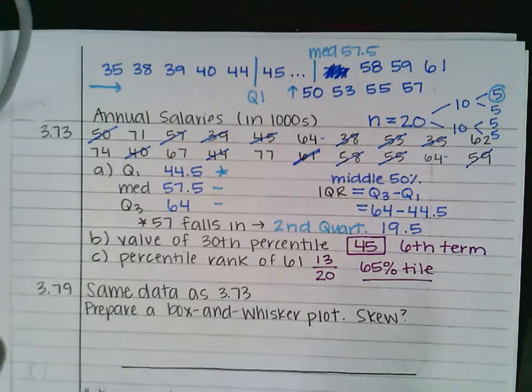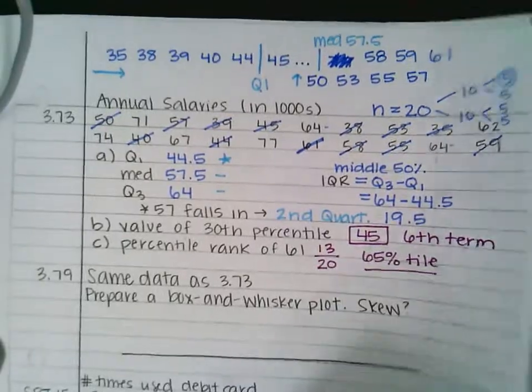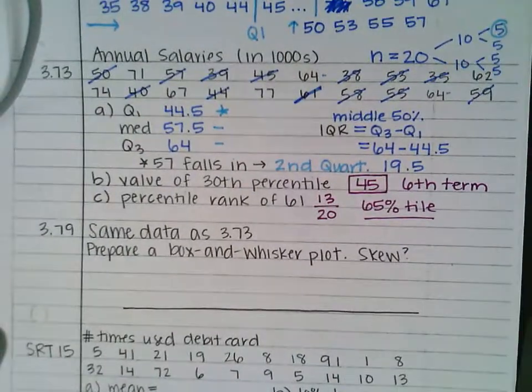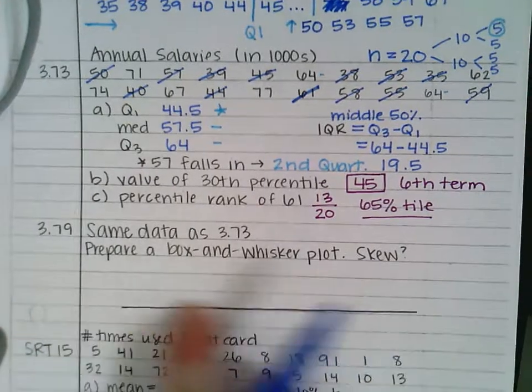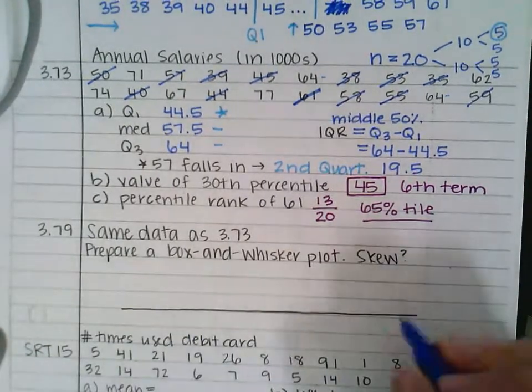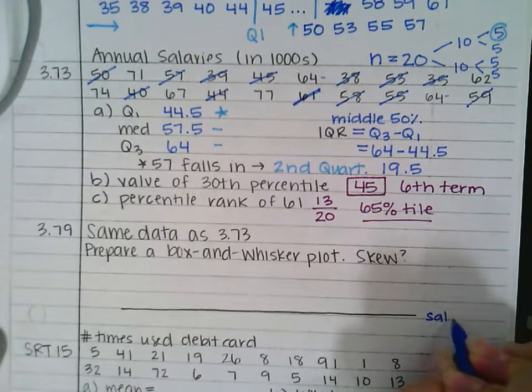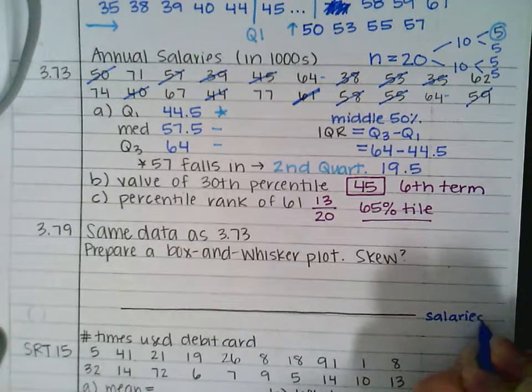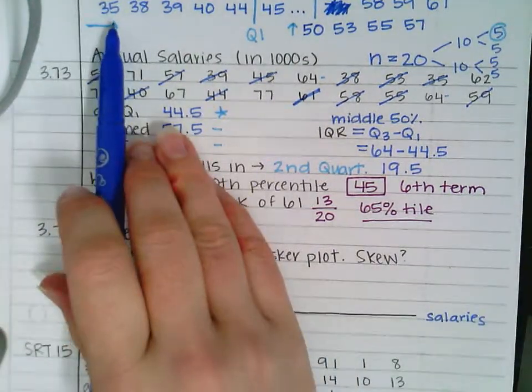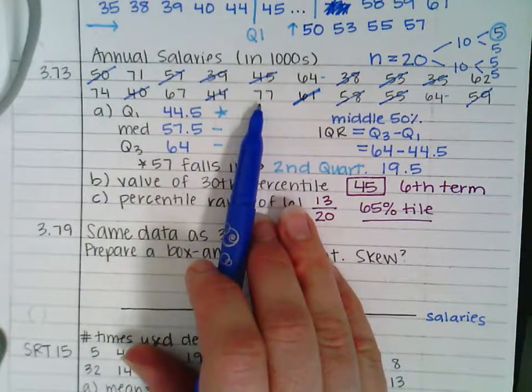Now here's where in the homework I saw a lot of crazy things happening, and I'm going to try to do this in the next minute or so, okay? What we need to make sure we do is we make a number line first. You always make the number line first, and this is the salaries data. Now, our minimum value is 35. Our maximum value is 77.